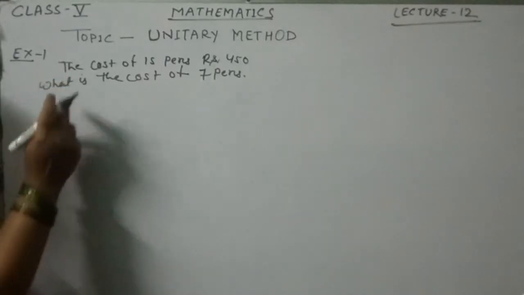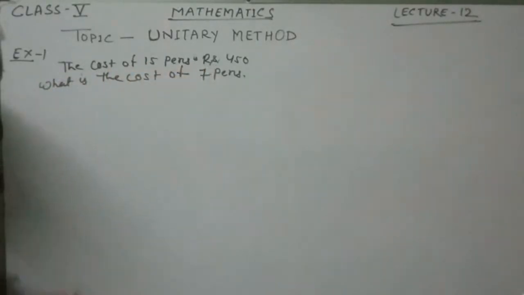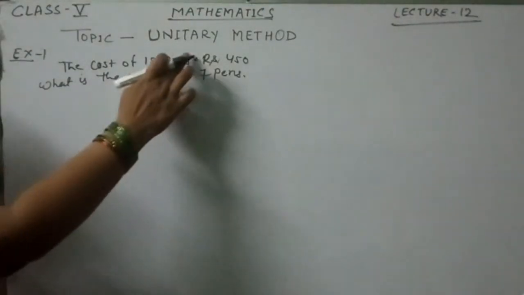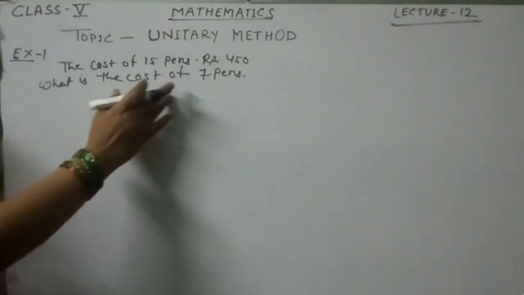What is given? The cost of 15 pens is 450 rupees. Then what is the cost of 7 pens?